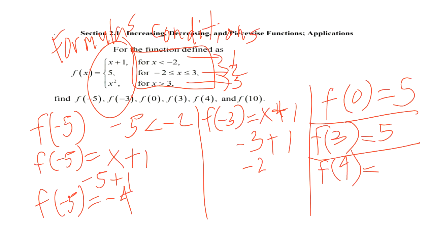Yes. So the formula that I would use for that one is x squared. Replace x with 4. Always write it in parentheses. It's just a habit, just in case my input is negative and I need to square it. I like to have it in the parentheses. So 4 squared is 16.